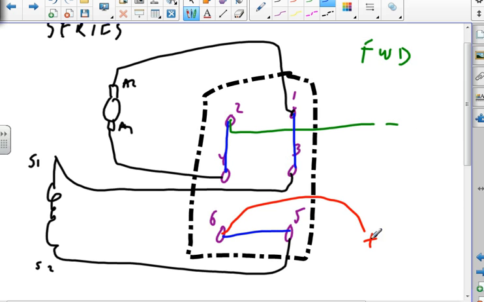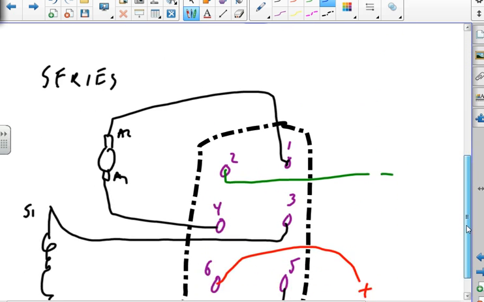So in series, I'm going positive to S2, out S1, into A2, into A1, and out to the negative guy. So I am in series. I'm going in A2, out S1, in, out, in, whatever. So I got the right path. All right. So that's the forward direction.